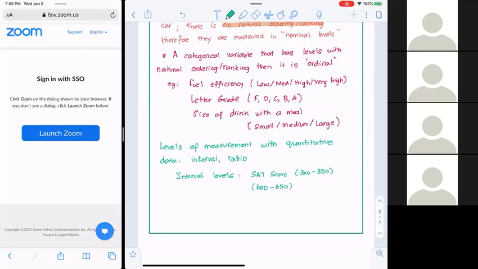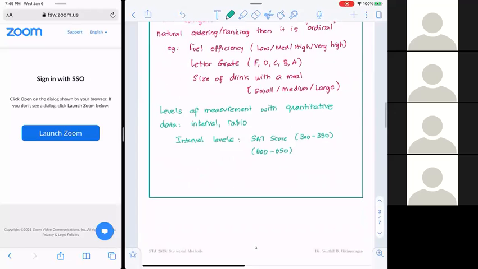The ratio level is simply the quantities that are measured as a ratio.